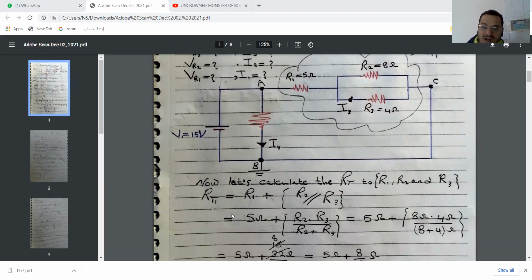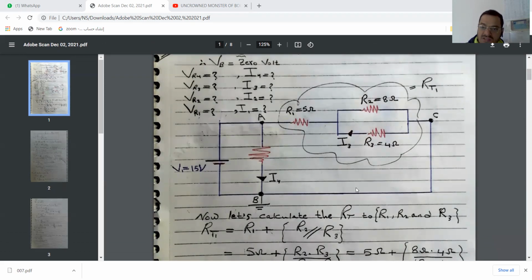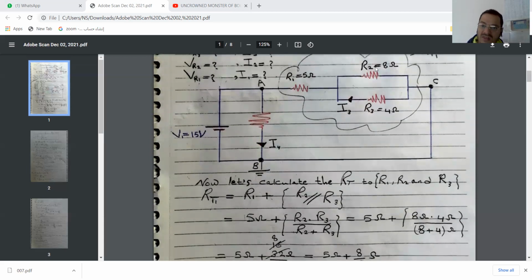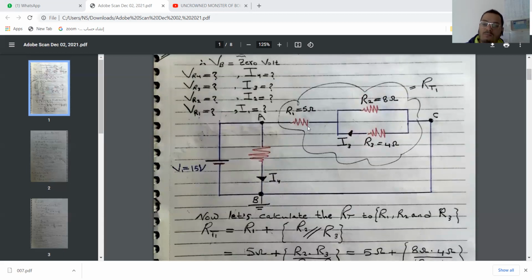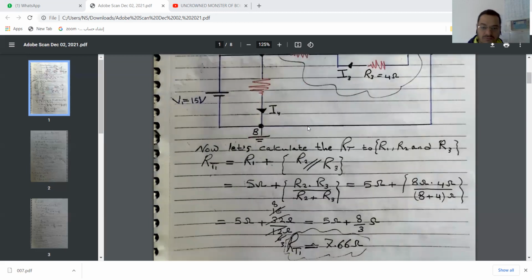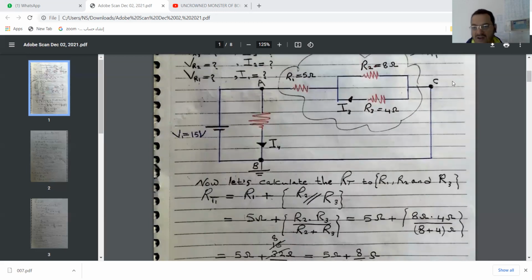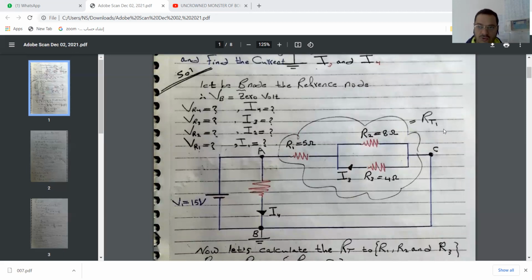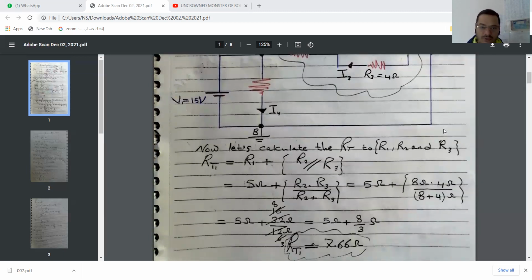Let's calculate RT1: R1 plus R2 parallel with R3. That means R2 times R3 divided by R3 plus R2, plus R1. By this way, we calculate the new resistance. We can say RT total 1, RT total 2, it's up to you.